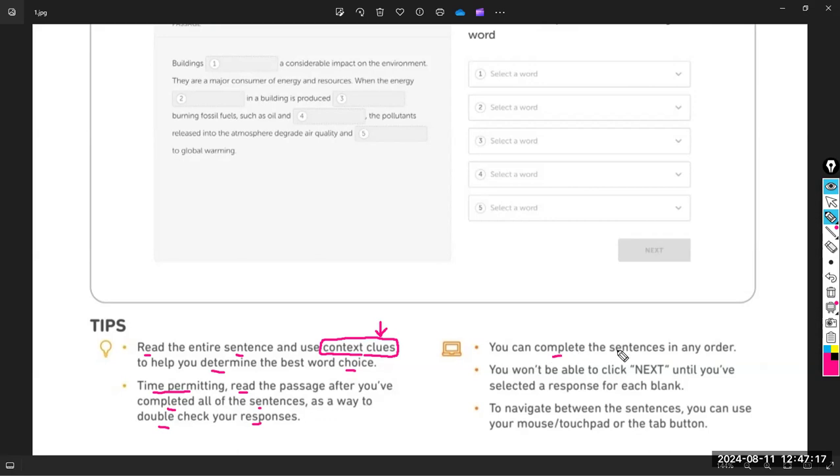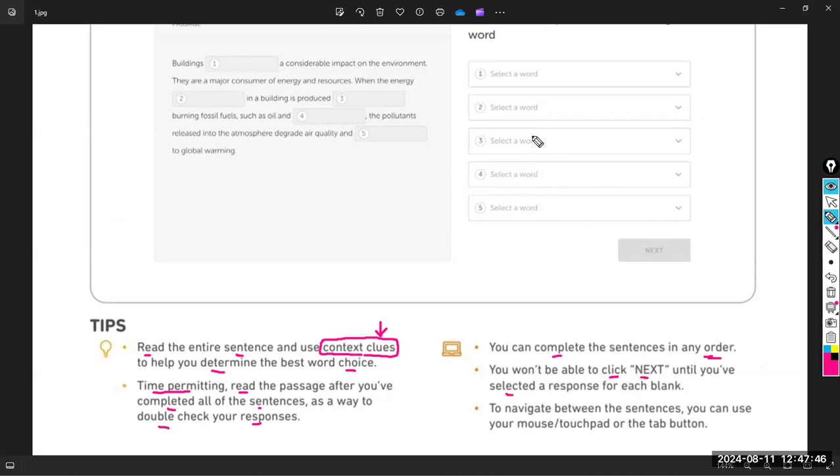So you can complete the sentences in any order. I mean, if you want, you can choose the best word in blank 5, for example. Then you want to choose the word in blank 2, then 4, then 1, then 3. So you can do that in any order. You will not be able to press or click next until you have selected a response for each blank.